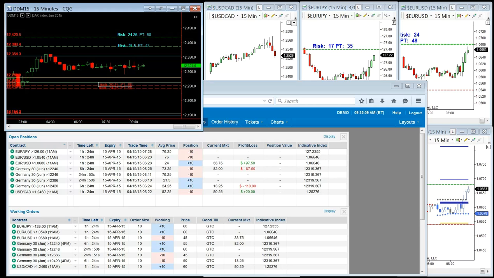I've still got 2 euro US dollars. Still got all of the DAX up and still have the Canadian up. That's what I'm looking at. That's all I'm looking at.